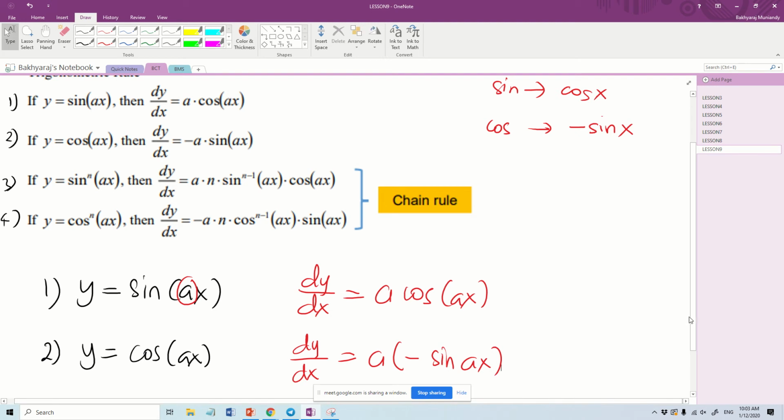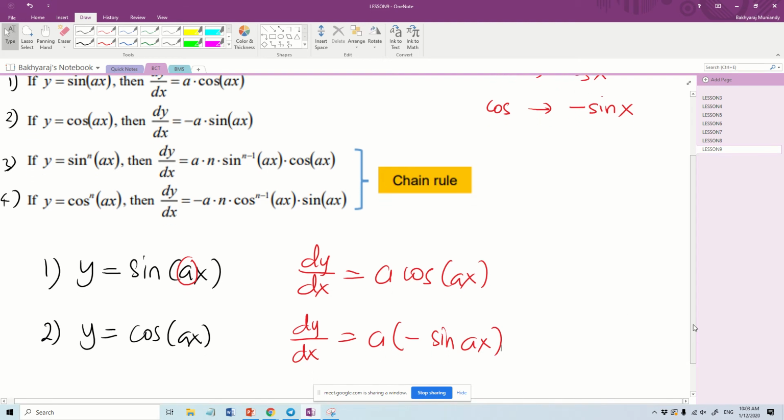We take out the a and the negative, then we get negative a sin ax. The negative comes from the cos. It's not negative a, it's a negative that comes from cos. So that's why in your formula you have negative a. This is just a recall.